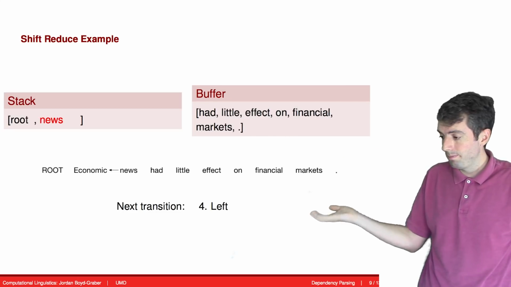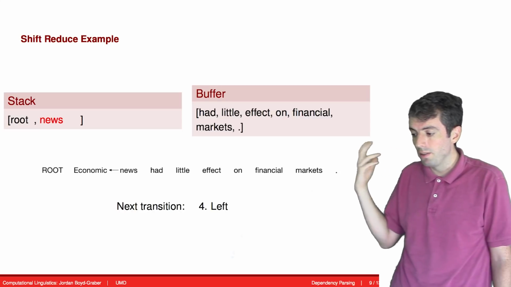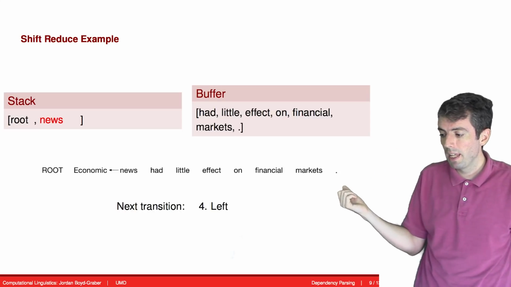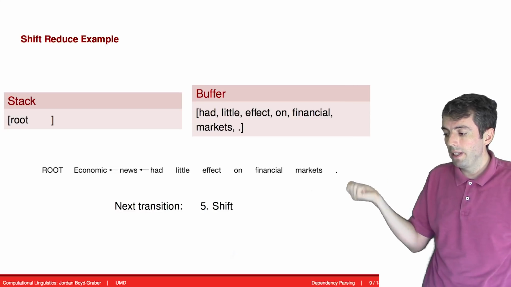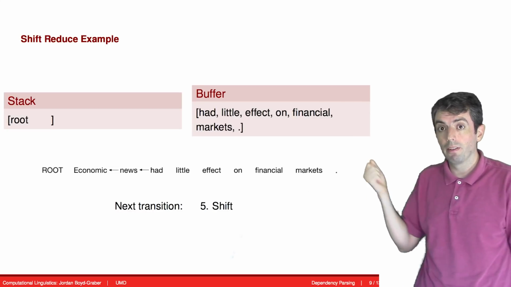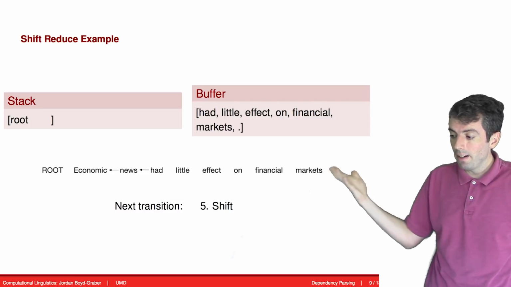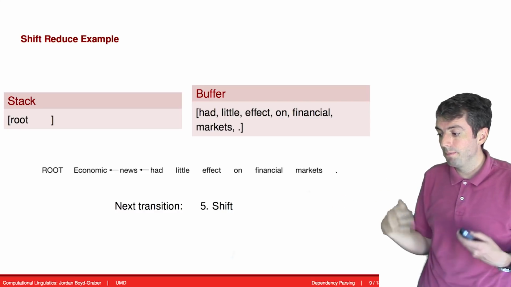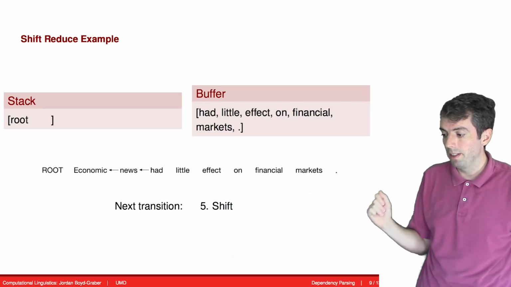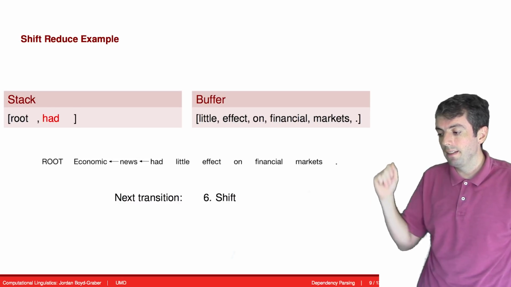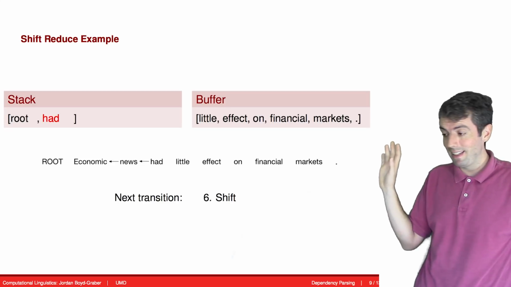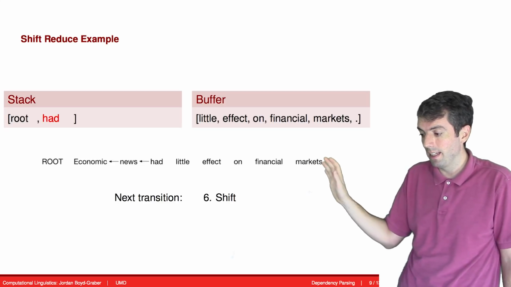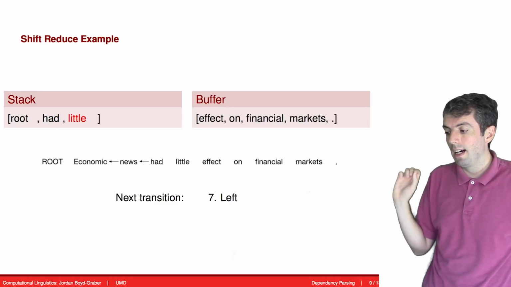We have to shift. And so now news is on the top of the stack, and news is a subject of the verb had. So we can create a left edge going from had to news. And now, again, we have an empty stack, so we have to shift. We have no other choice. And here we have a choice, but the right action here is to shift again and to put little on our stack.